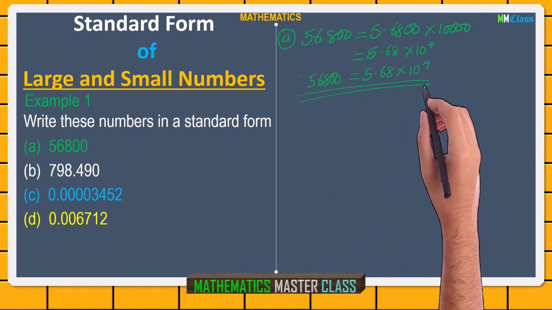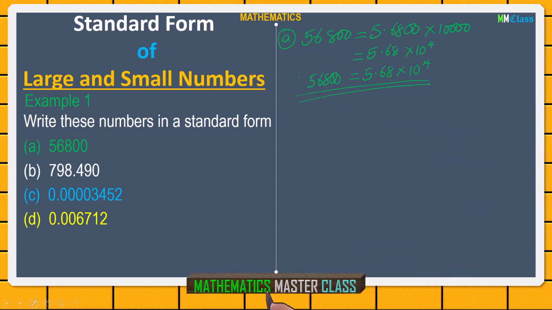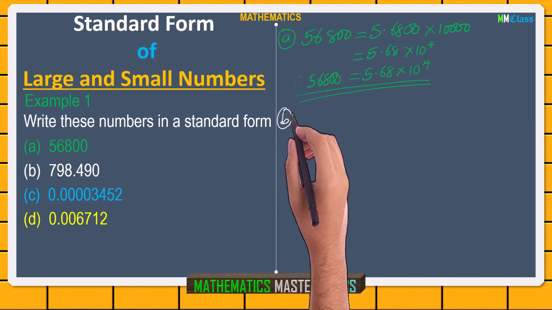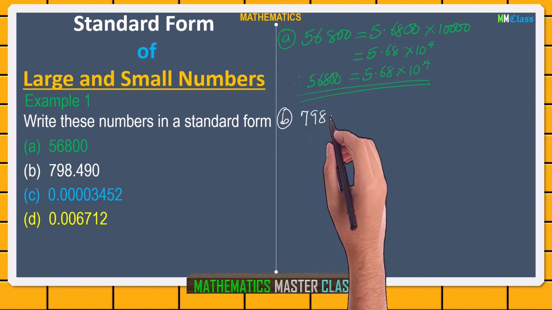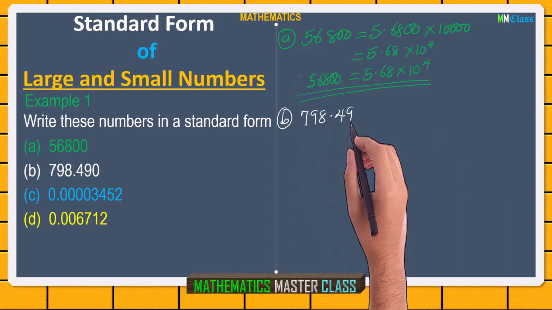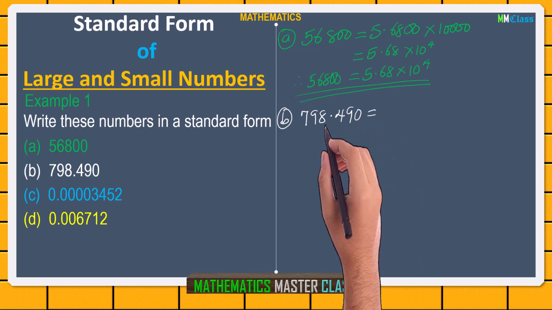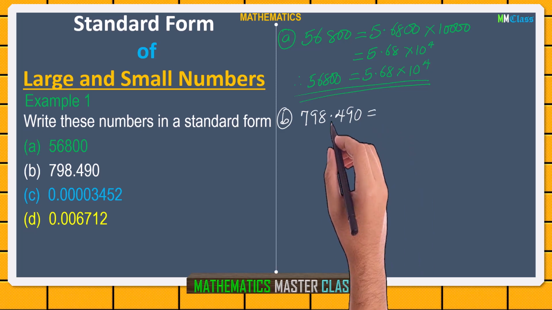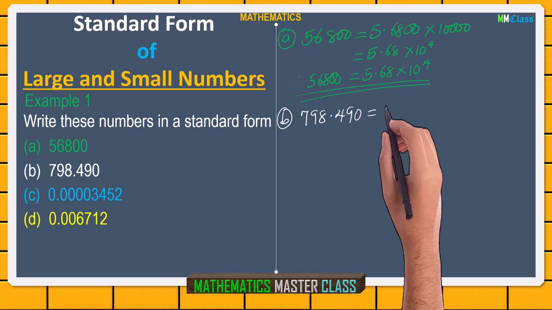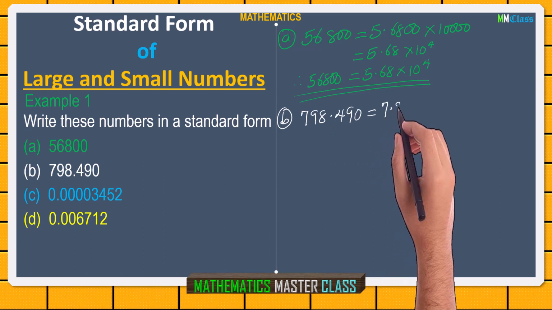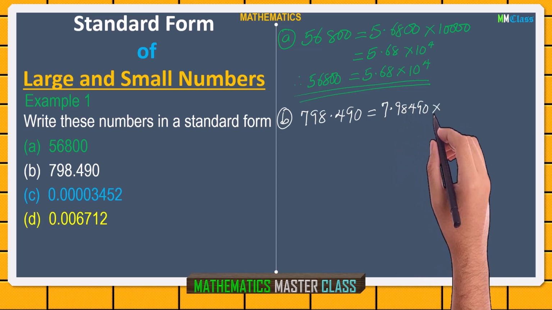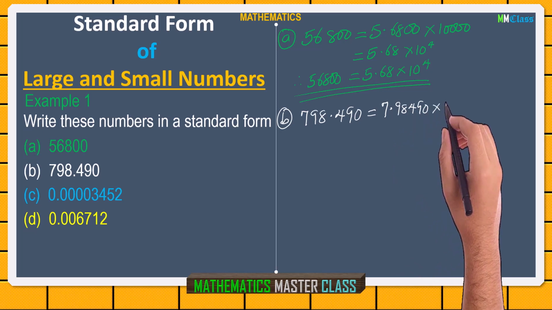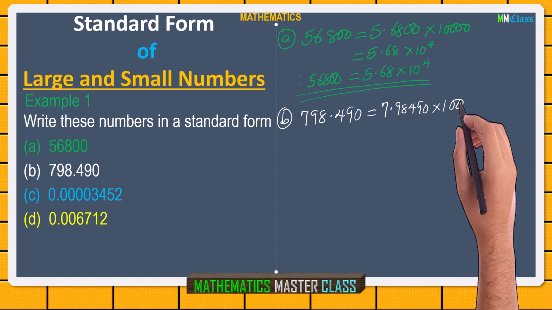So let's consider the B part of the number. We have B, which is 798.490. Like I said before, take note of the point. So we are going to rewrite this number as 7.98490 times 100.